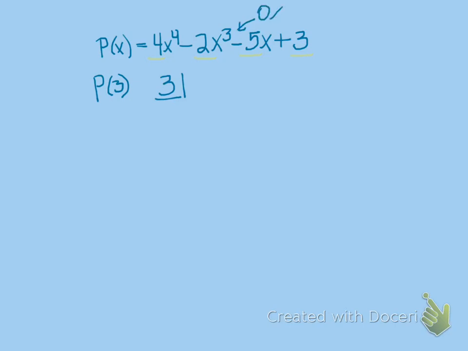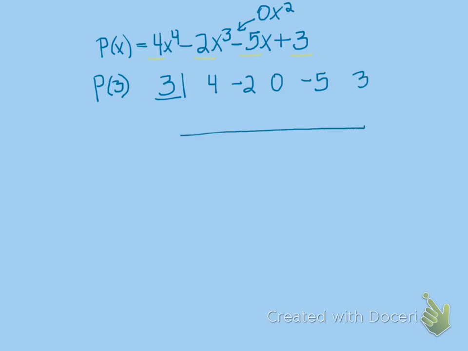When that occurs, you actually have to put a placeholder in there, because remember, the position in that table represents the exponent that you're applying to the input. So where I see that the x squared term is missing, I'm going to put in a 0. So I'd put in the 4, and then the -2 for the coefficient on the x cubed, then a 0, then a -5 for the coefficient of the x, and then finally the 3.